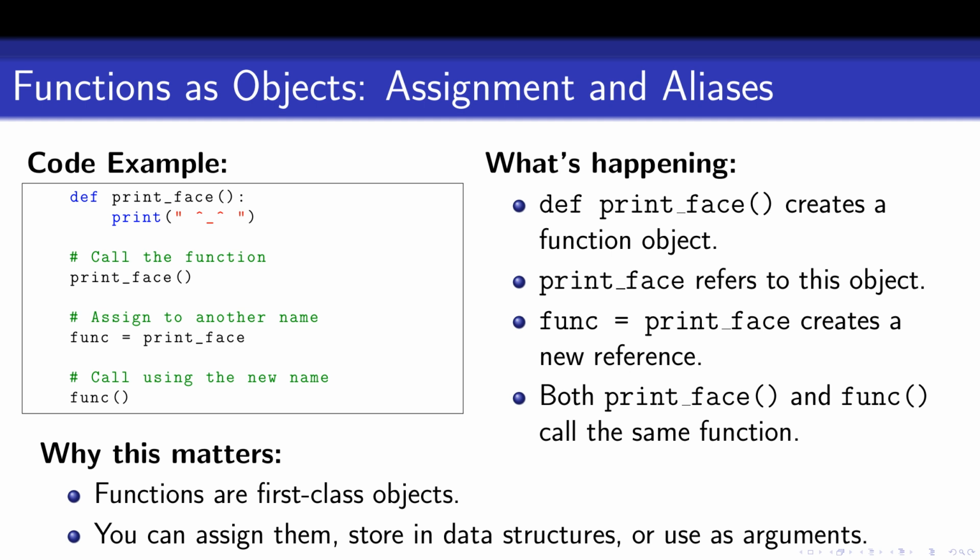What's happening is that both printface and func point to the same function object in memory. This concept is important when you start working with callbacks, function dispatching, or functional programming patterns. Being able to store and reuse functions in this way adds an extra layer of modularity and flexibility to your programs, and it's part of what makes Python such a versatile language.